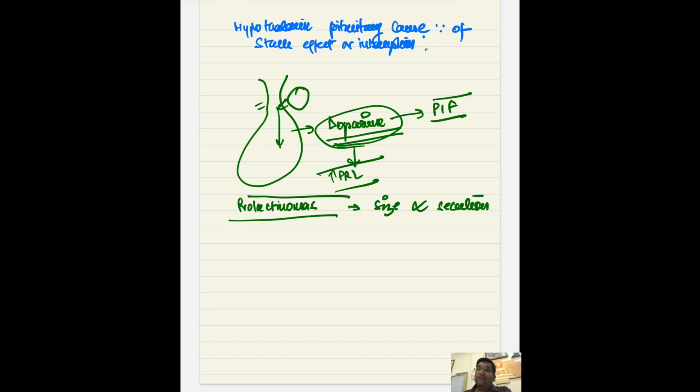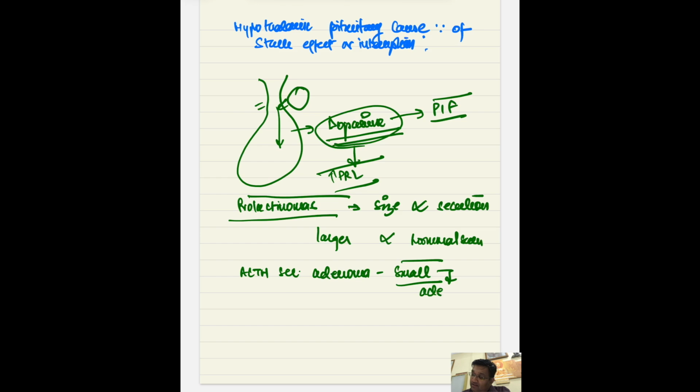That is, the larger the adenoma, the more is the hormonal secretion, which is not the case with Cushing's, that is ACTH secreting adenoma. Here even small adenomas can cause massive secretion of hormones.